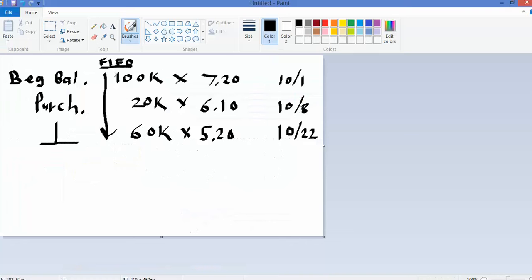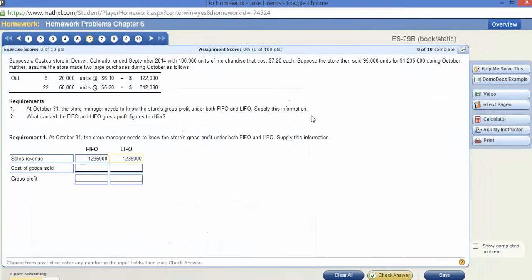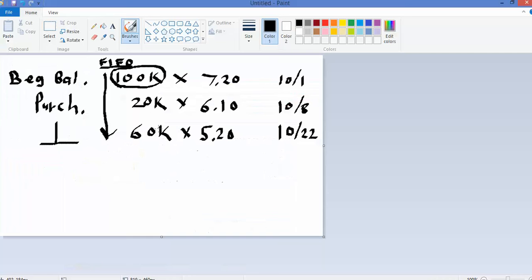Again, with FIFO, you drill down from the top down, and you notice that 95,000 will drop this layer down to 5,000, not 100,000 minus 95. There's 95. And we're going to take 95 out of this first layer because FIFO consumes layers downward from the oldest layer to the newest layer. Okay?